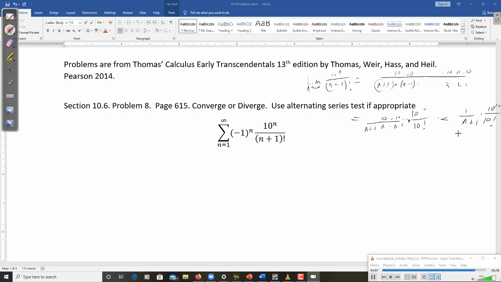But the thing is, this goes to 0, so this has to go to 0 as well by the sandwich theorem. So yeah, it fits the properties of the alternating series test. So then, it does converge, because this does go to 0. It does decrease. By alternating series test.